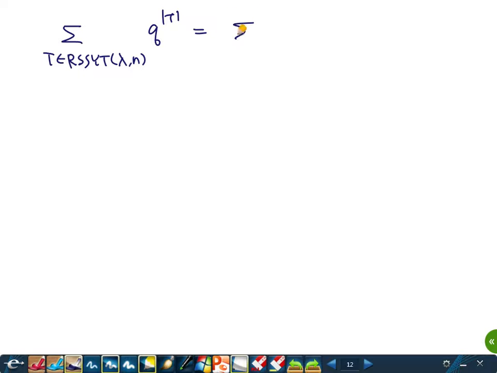This is equal to, for reverse semi-standard, plane partition, you use pi. Plane partition lambda n minus l plus 1. This is okay.